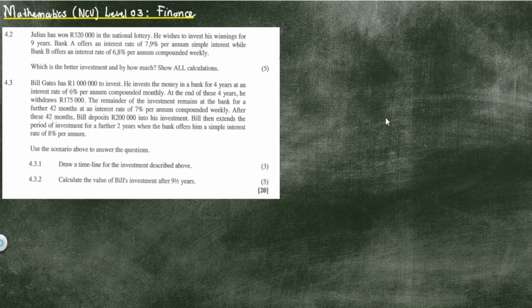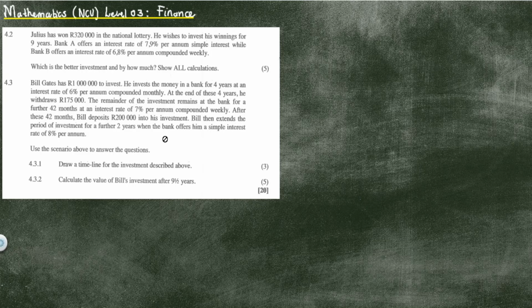This question is loaded, guys. It's very, very loaded. So what I do, more especially when it comes to drawing your timelines, use the scenario above to answer the questions. Don't read the question once, maybe read it 3 times or 2 times.